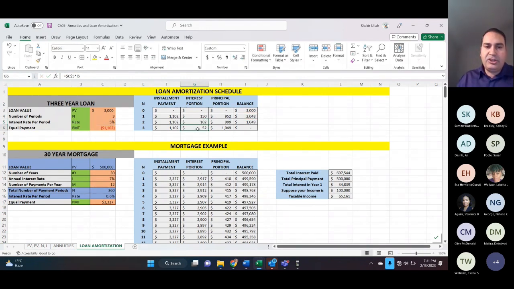And similarly, the third interest is again 5% of the previous balance. So as the balance goes down, our interest amount also goes down, even though the interest rate is still the same. But because our principal goes down, our interest amount goes down, and our principal payment portion goes up and up. And at the end, we have cleared everything off.